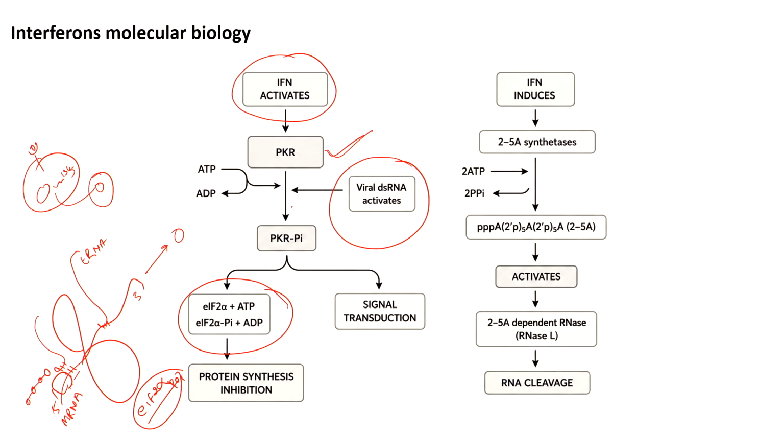So once the PKR is activated upon the interferon stimulation, the double-stranded virus can also activate the PKR. Then we see that the eukaryotic initiation factor is getting phosphorylated. Once there is a phosphorylation, the protein synthesis is getting inhibited.